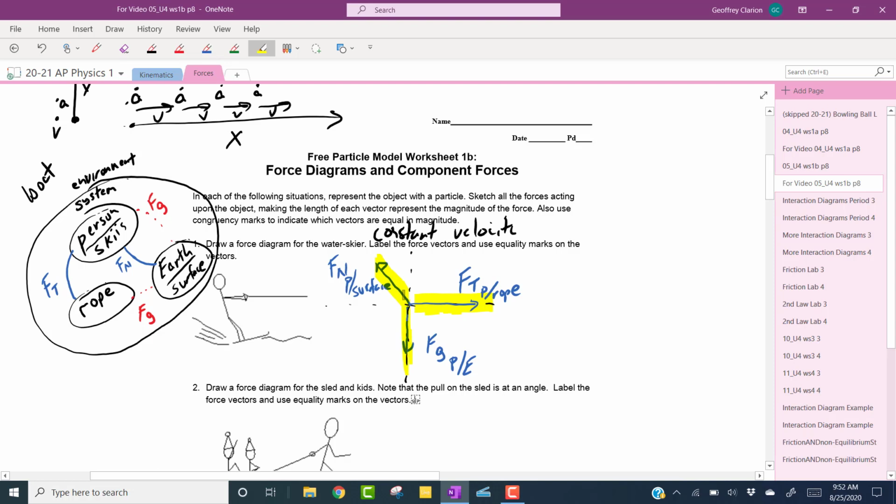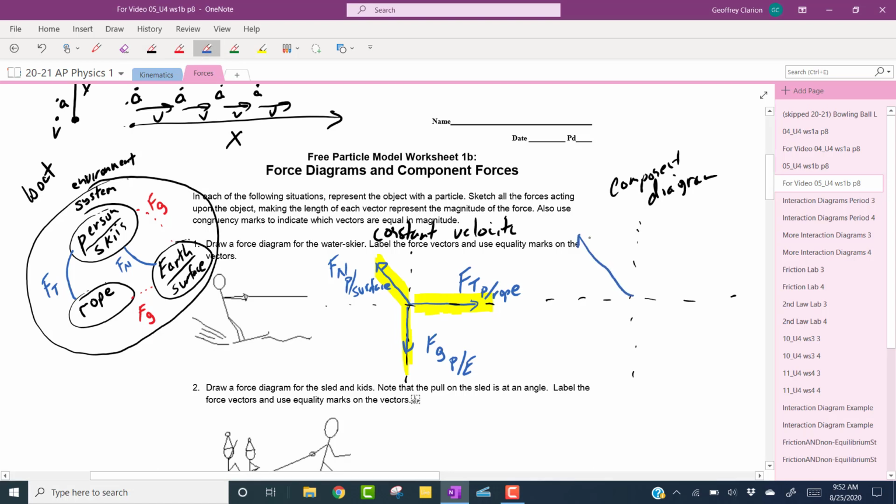So that one's going to need what we call the horizontal and vertical components. You're required to always redraw the force diagram exactly like it is before we do our component diagram. So we call this the component diagram. Okay, so we basically redraw everything.